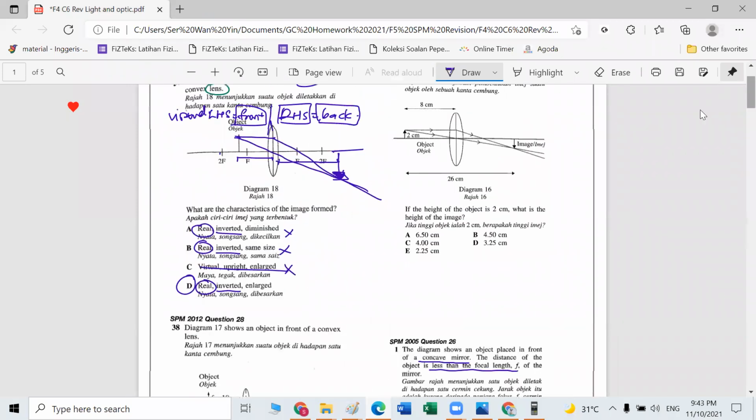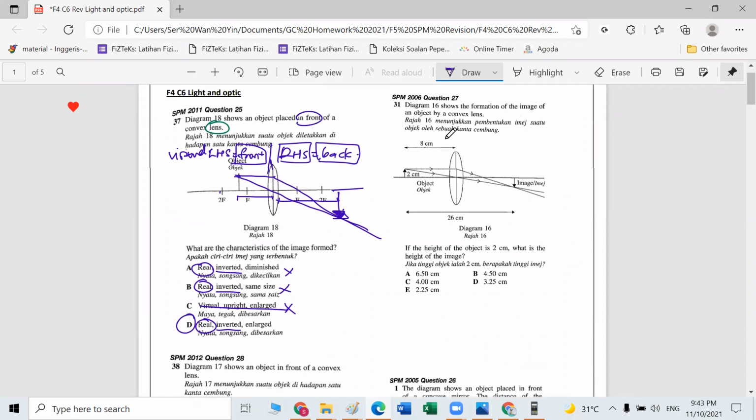All right, so this one, the confusing part is here. This is u. This is v. V actually is 26 minus 8. Then they ask for height. If the object is 2 cm, what is the height of the image?